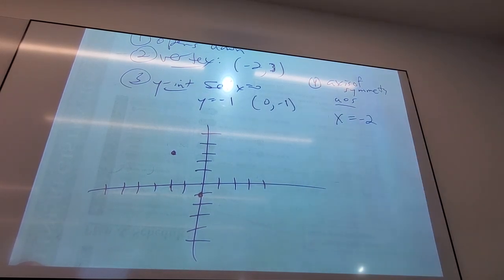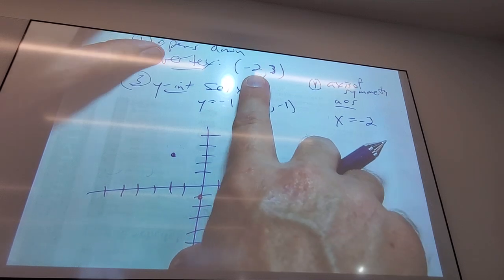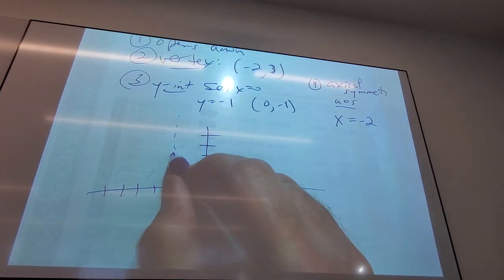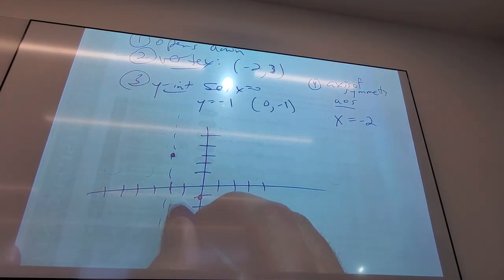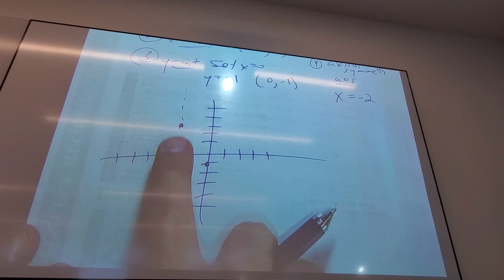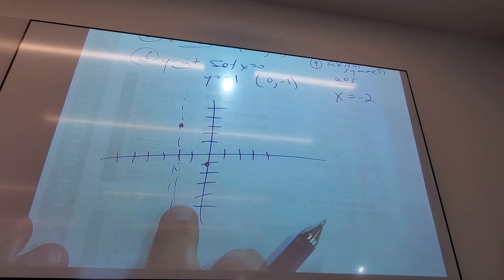Yeah, it's going to be x equals whatever this is for the vertex, because it moves with the vertex. So there's a mirror right here that you don't have to draw, but I'm going to. I'm going to do it really badly, but that's okay. If that's a mirror, where's there a third point that I don't have to do any work for?